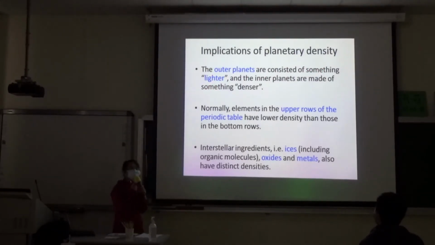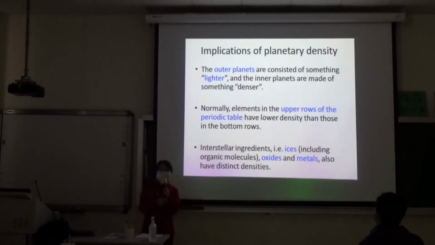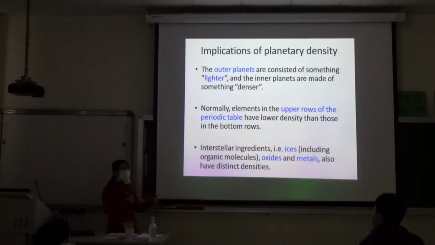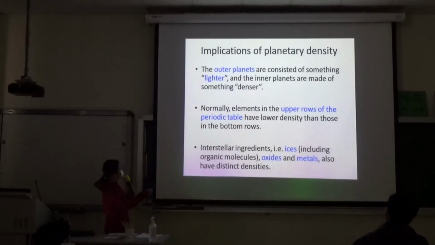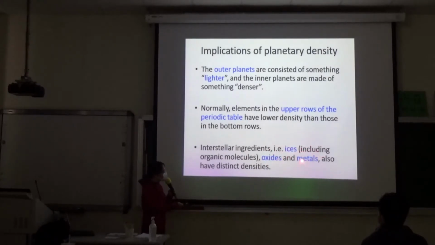And then consider the material in the interstellar clouds, which is ice, which is condensed volatiles, oxides, metal. Then you can probably guess what would be the major substance in the outer planets. And the inner planets are made of something dense. And also, normally elements in the upper rows of the periodic table, 就是周期表上排, have lower density than those in the bottom rows. And interstellar ingredients, including ice, oxides, and metals, also have distinct densities.